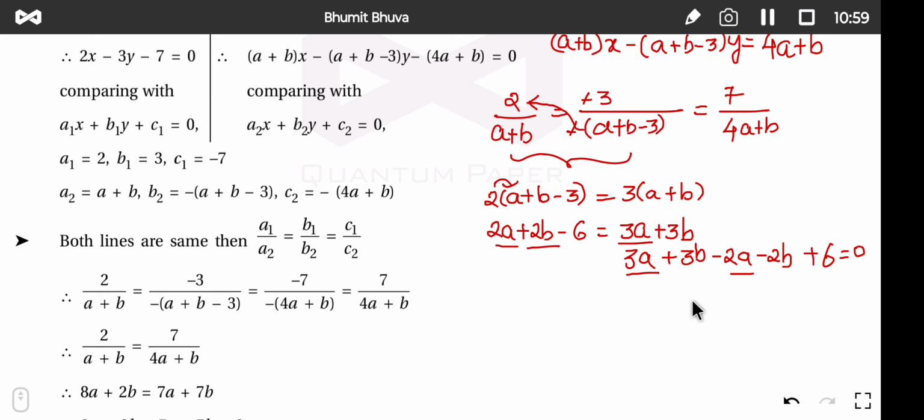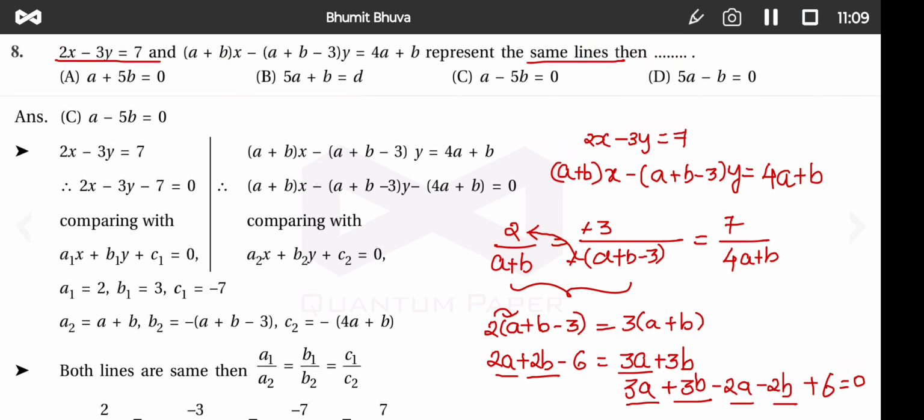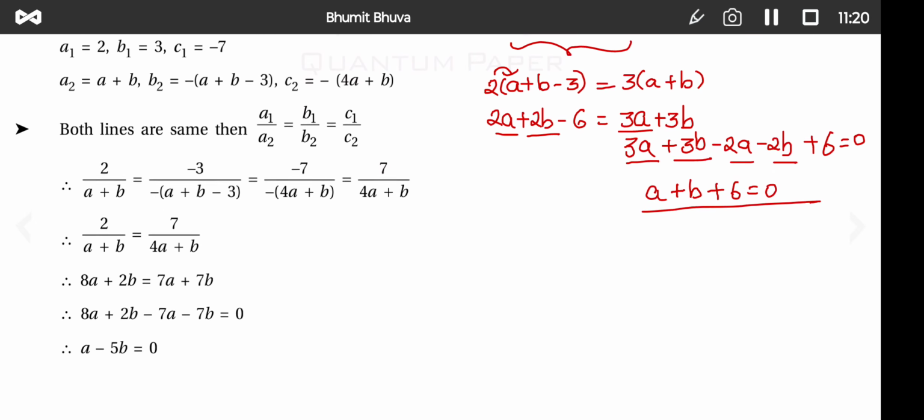So 3a minus 2a will be a, 3b minus 2b will be plus b, and plus 6 is equal to 0. So this is our correct answer. Let's check the options to see in which option this condition is there. The options are different. Let's see.